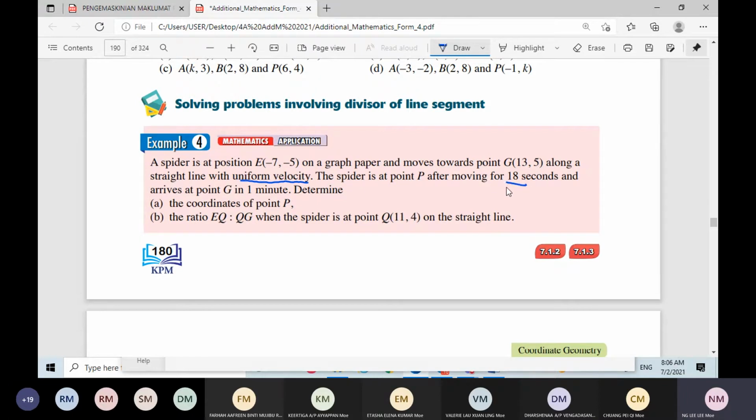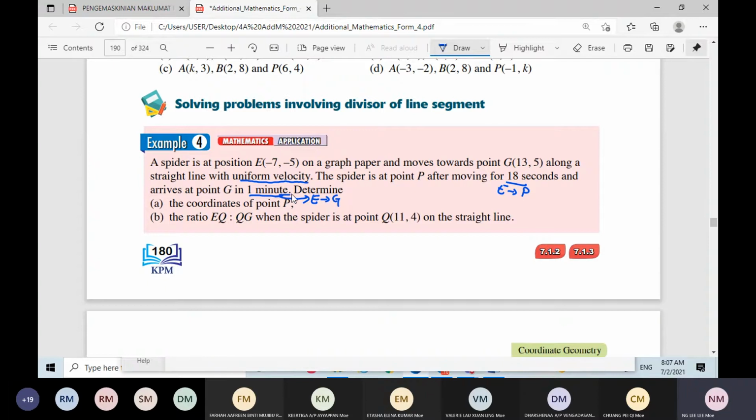So this is from E to P, and it arrives at point G in 1 minute. This 1 minute means it starts from E and then arrives at G in 1 minute. So you have to read carefully.